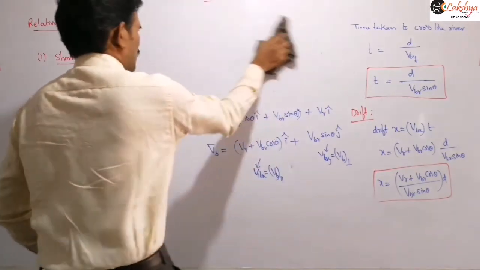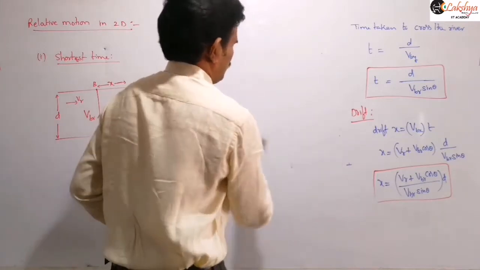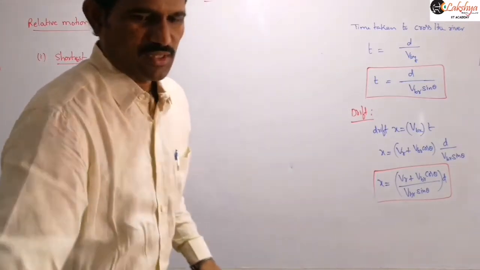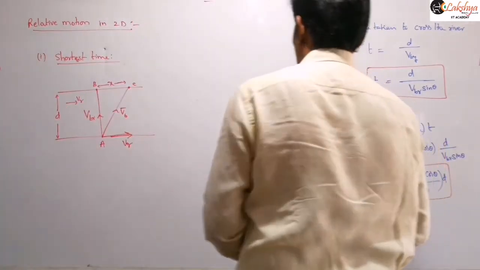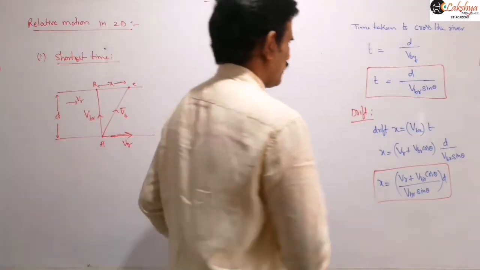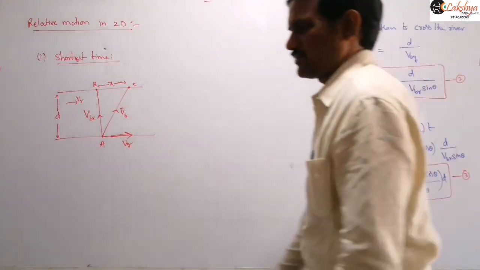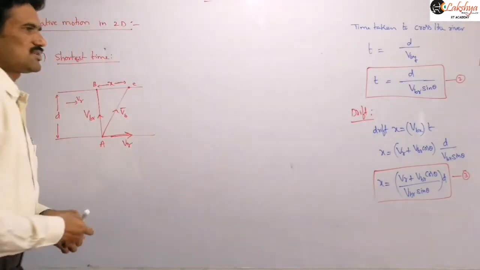So for these equations, give some numbering here. Let us take this velocity of boat expression as equation 1, velocity of boat expression as equation 2, and let us take this as equation 3, right? So now those are our equations here.